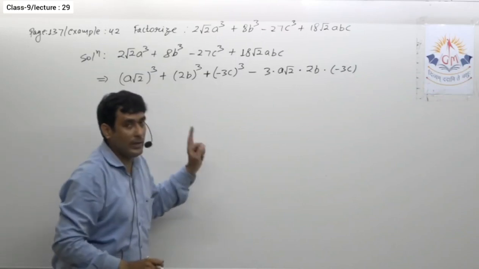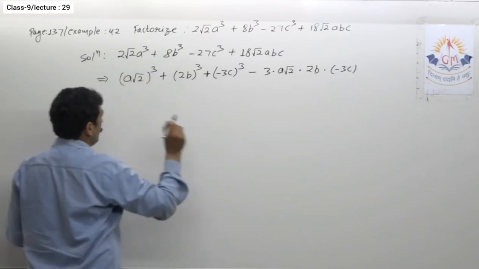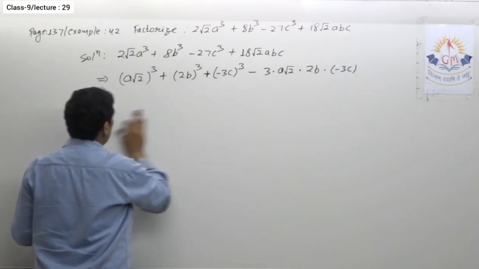That fits in the identity of a cube plus b cube plus c cube minus 3abc.